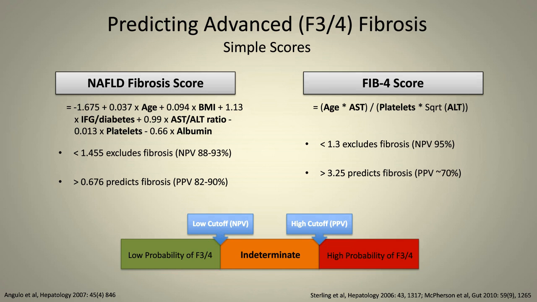It's not, however, a good tool to predict the probability that they have NASH with any stage of fibrosis. And then there's the indeterminate group in the middle that we don't know what to do with. So might I suggest that we consider alternative strategies and maybe additive strategies. And that's what we're going to focus on in the next several slides.